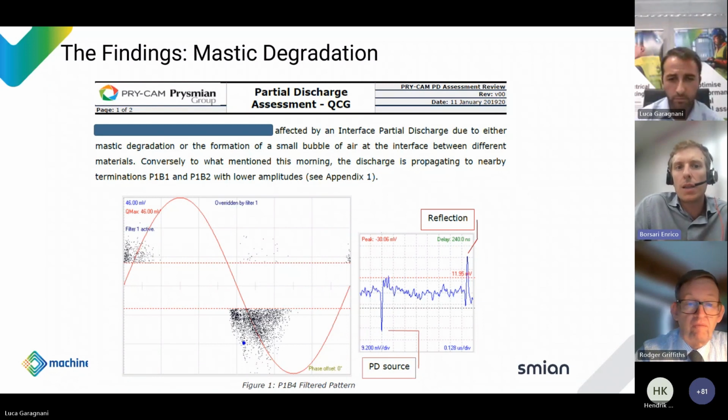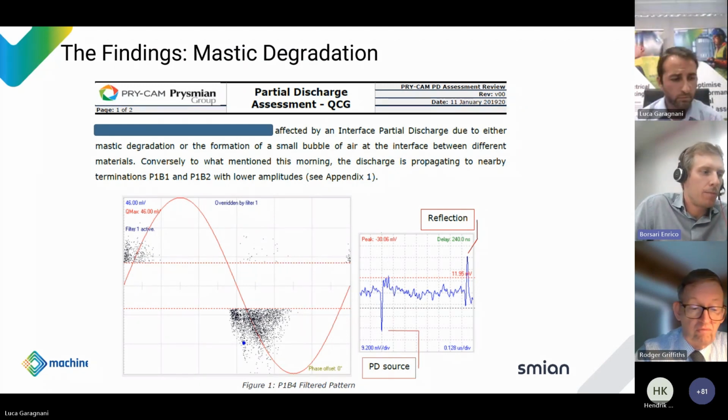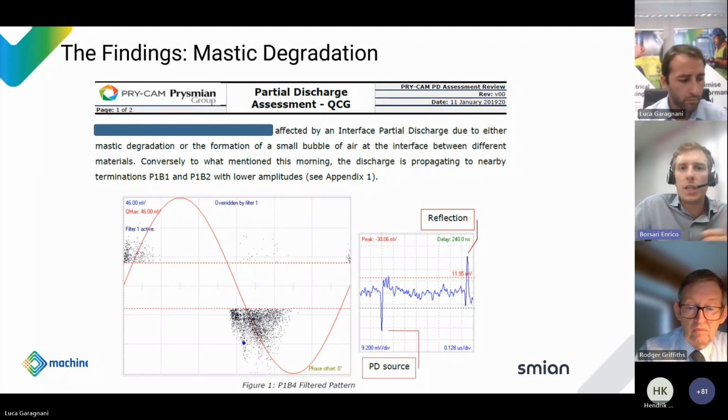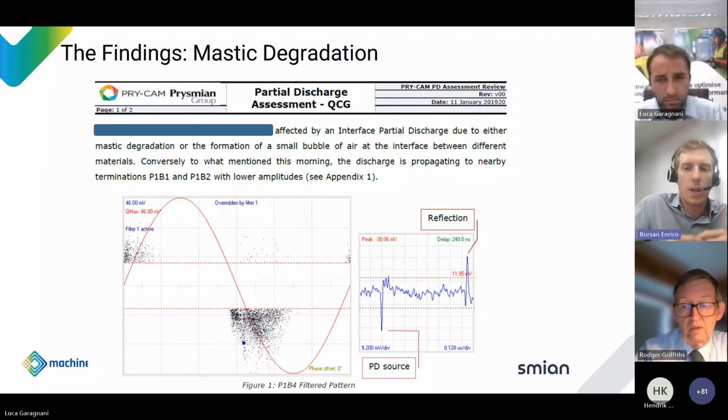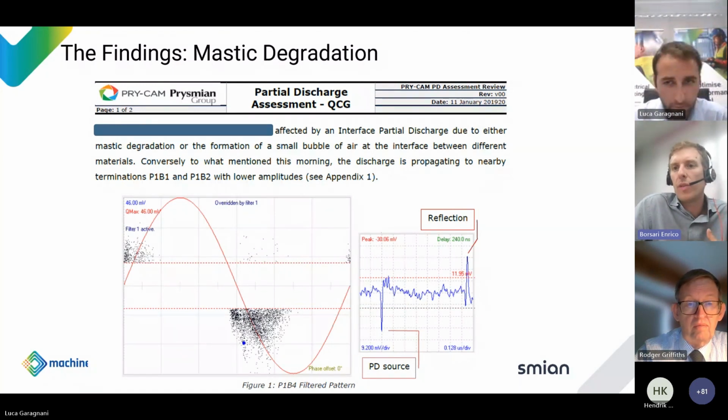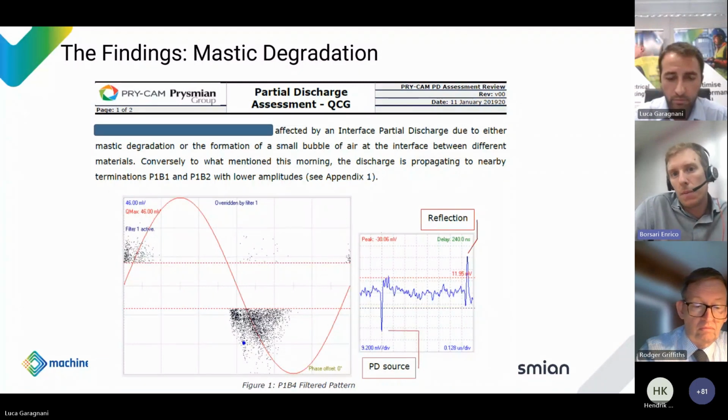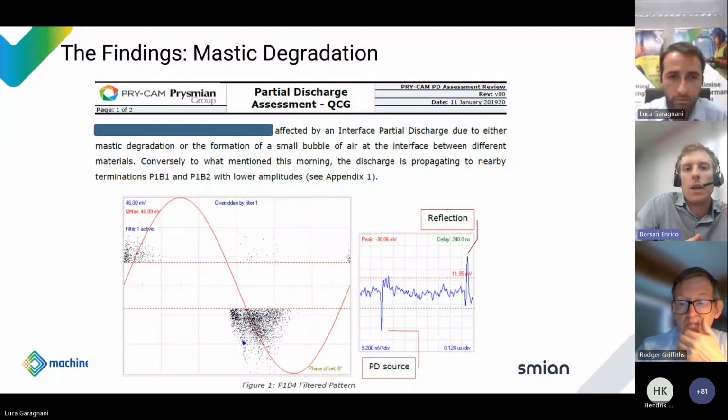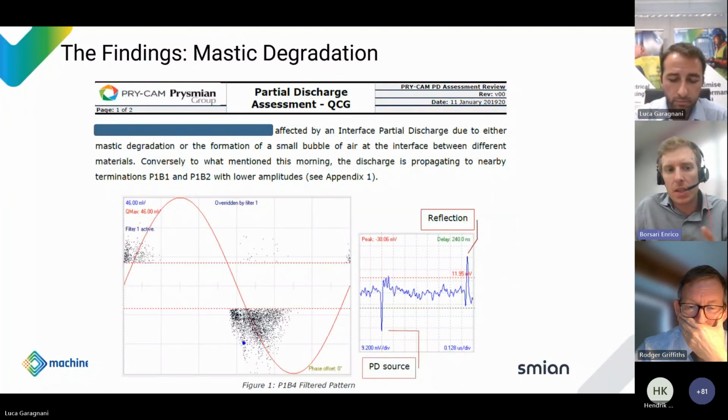Our technician said this is most likely due to mastic degradation. Speaking to Luca, the opinion is more or less shared. It's either mastic degradation or a wrong use of mastic or wrong use of gradient during the installation. This was the assessment, and this prevented the discharge from, let's say, manifesting itself.